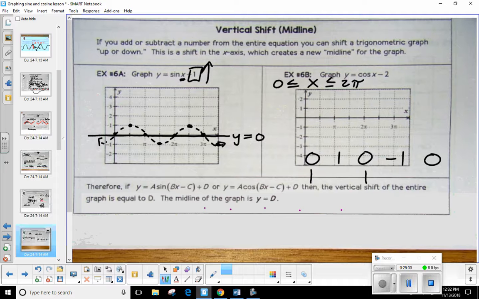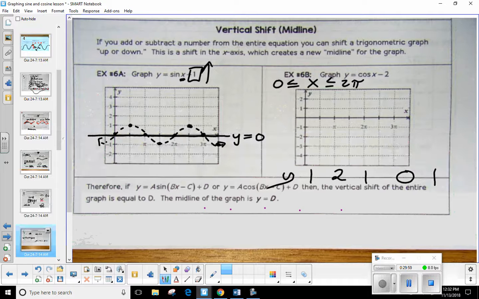So all 3 of those become 1. 1 plus 1? 2. -1 plus 1? 0. So I did transform those critical values this time. Sometimes you may or may not transform one and not the other. Sometimes you may transform both. It depends on what function you're given. But these are the y values I want to use. Is everybody okay with how I got it?